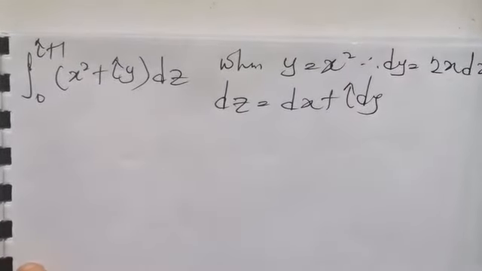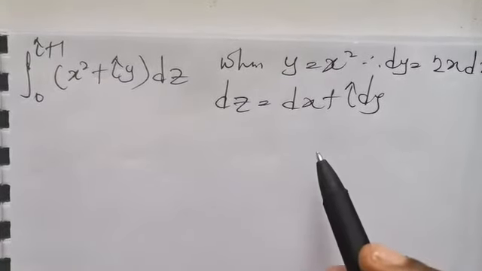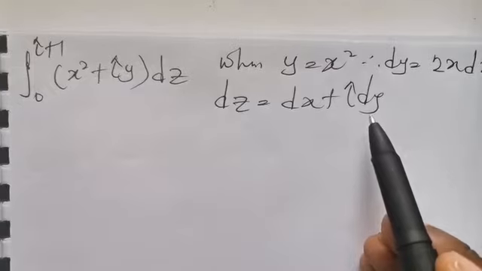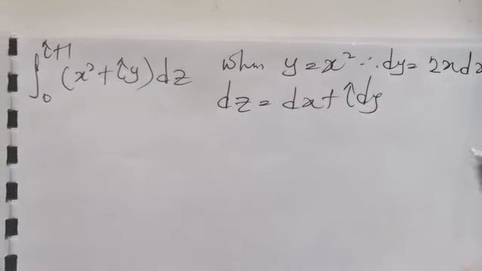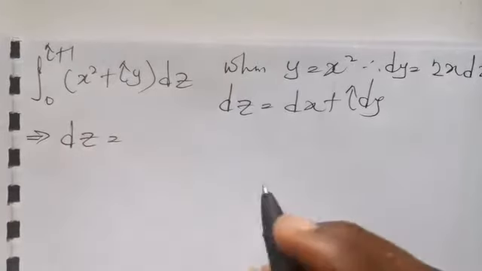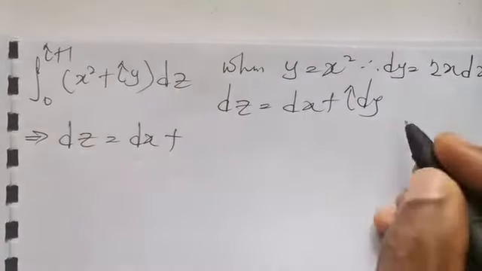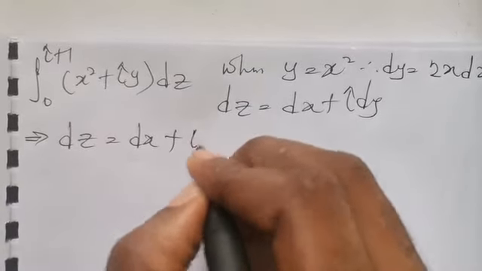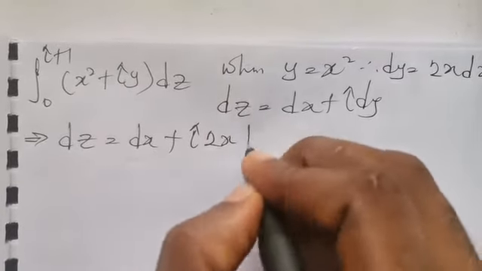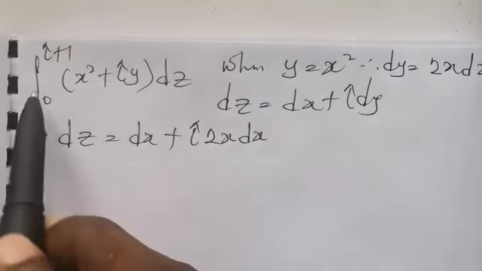So that simply means under this integral, in place of dy, I am going to be putting 2x dx. So this implies that my dz is now equal to dx plus i, in place of dy, I have i 2x dx. So everything is now in terms of x.